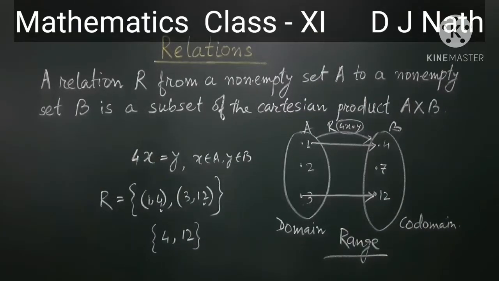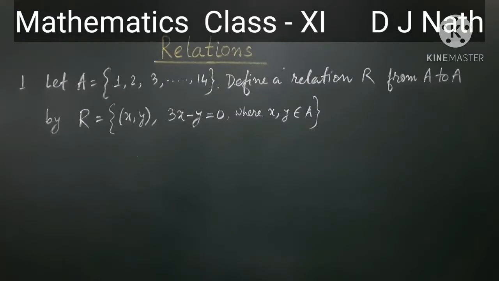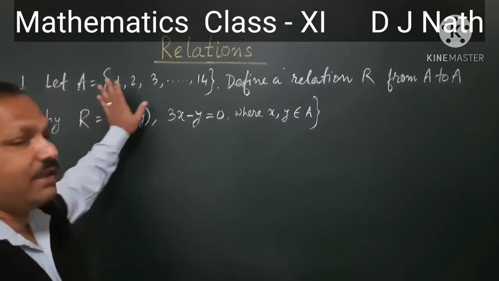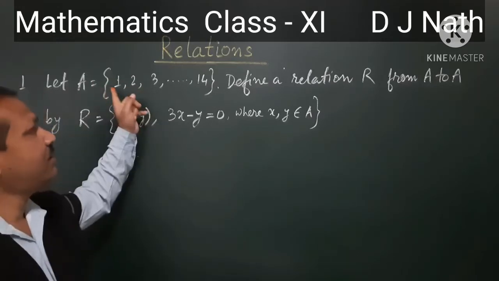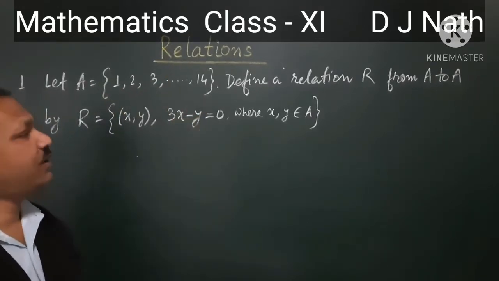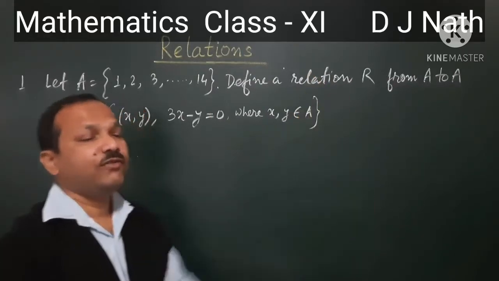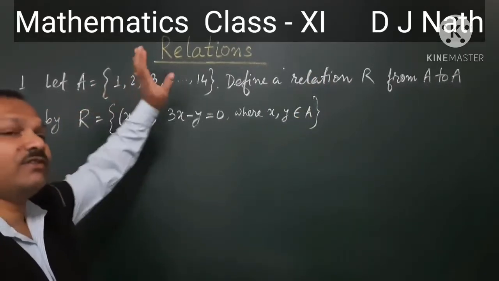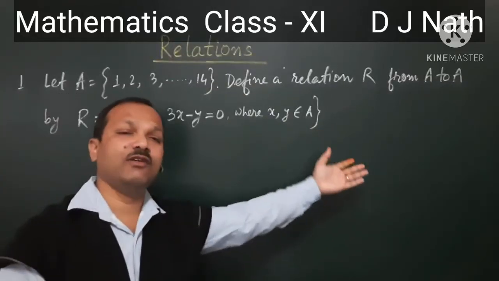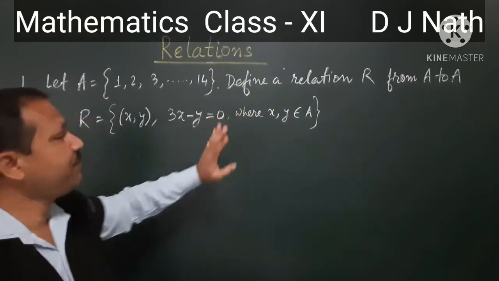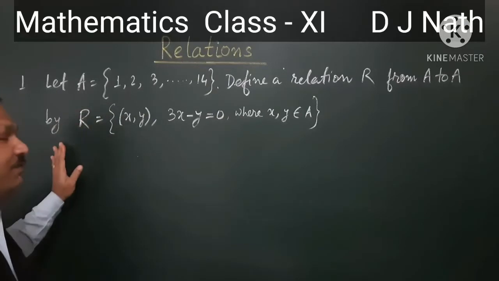We'll take another question. So if we see a question, let the set A be given, the numbers from 1 to 14. Define the relation R from A to A, from the same set to the same set also can be. That means set B is also the set A only. Which way is the relation defined?